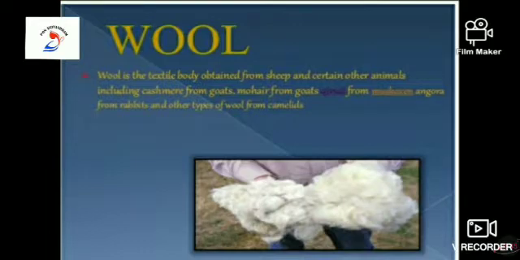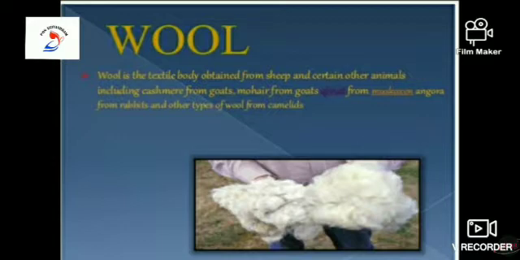Wool is an animal fiber. It is present as a thick coat of hair on the body of certain animals to keep them warm. Air gets trapped in the spaces between the hair and does not allow the body heat to escape. That is why we wear woolen clothes in winter.